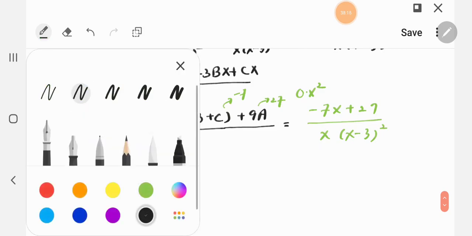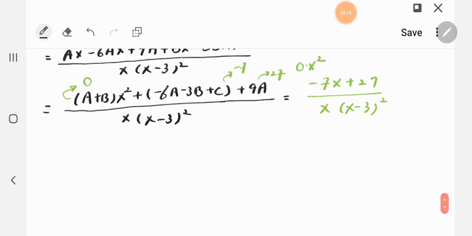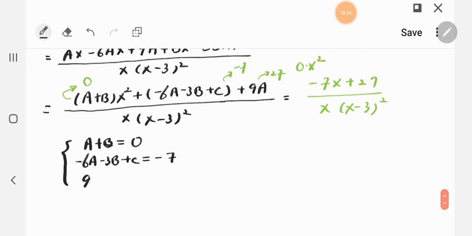Okay, so let's write a system of 3 equations. a plus b should be equal to 0. Then negative 6a minus 3b plus c should be equal to negative 7. And 9a is equal to 27.